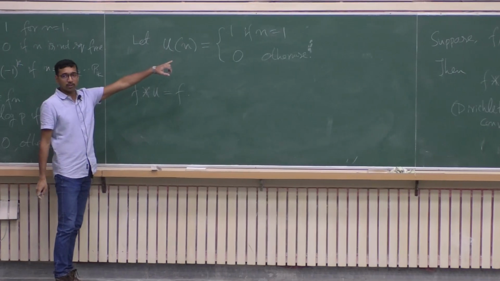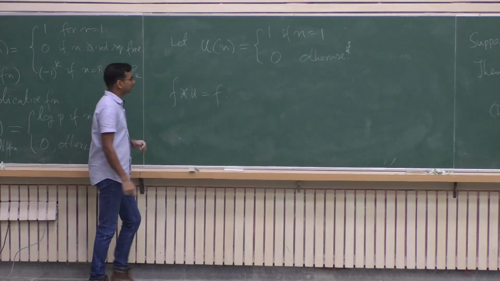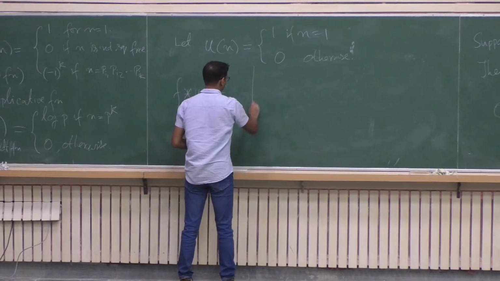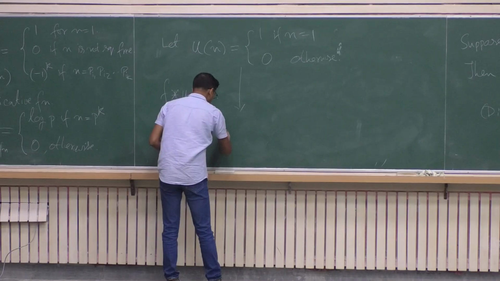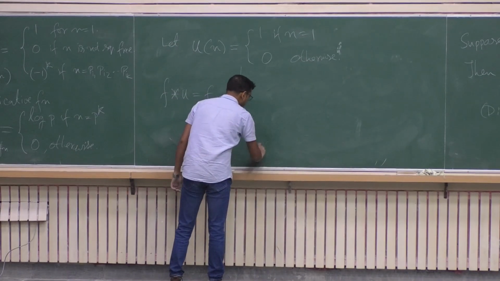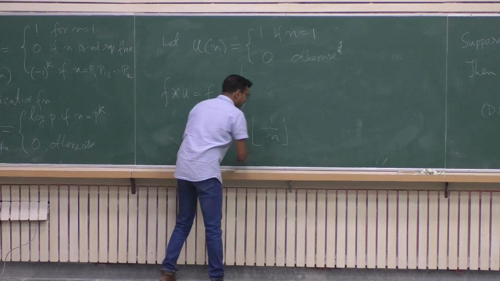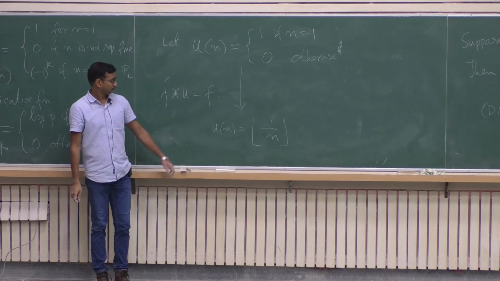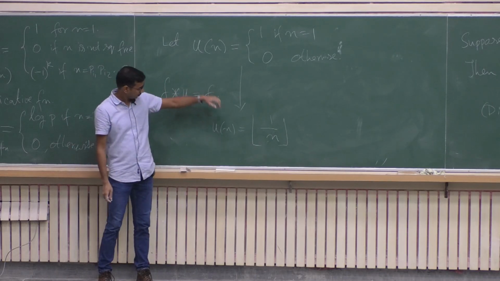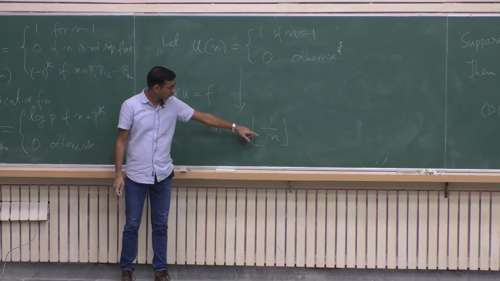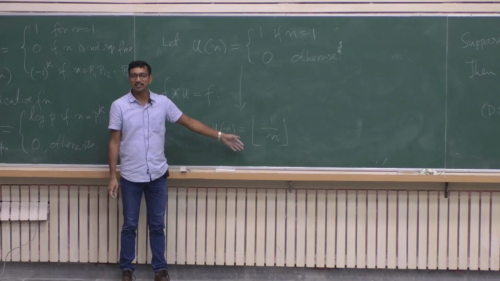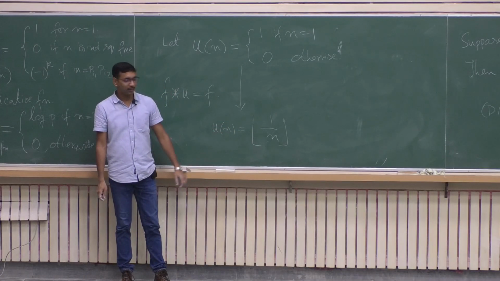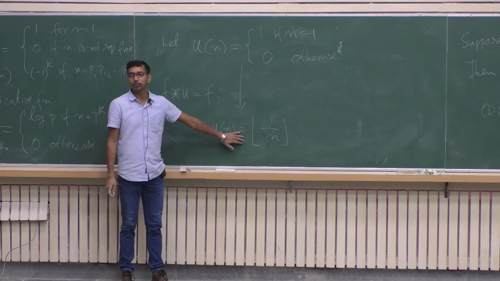This function you can also write as u n equals the floor of 1 by n. You see? Because for n equal to 1, it is giving you 1. For everything else, it is just 0. So this is the identity function of Dirichlet convolution.